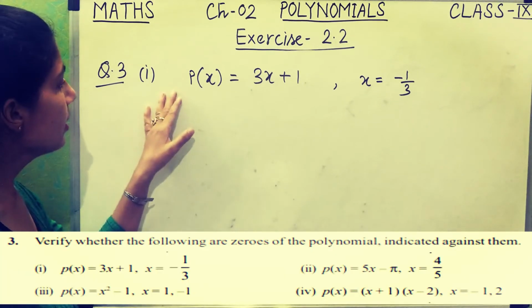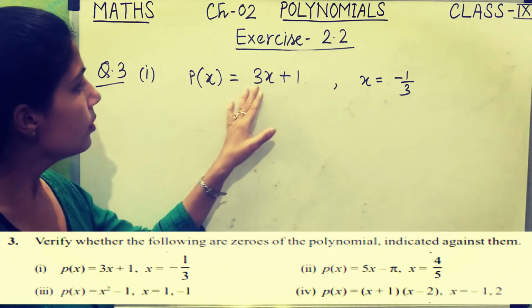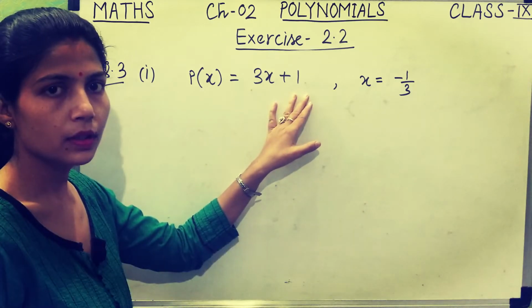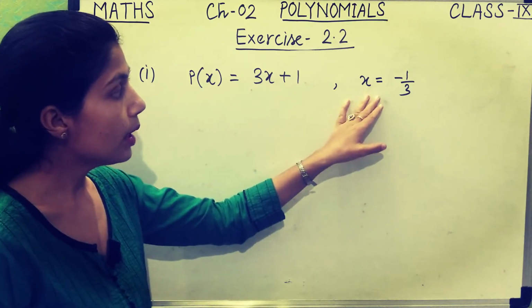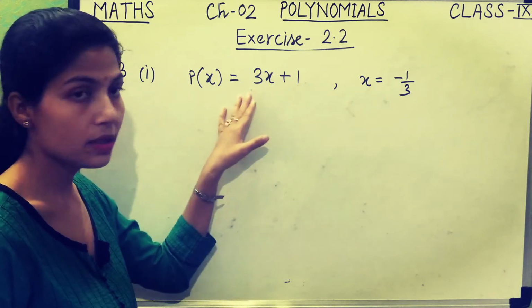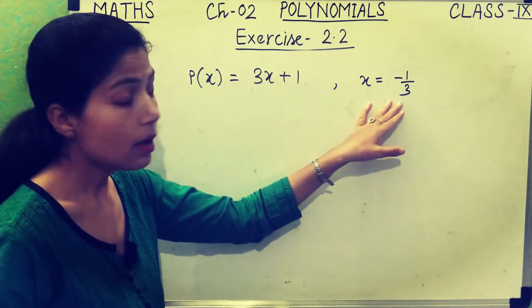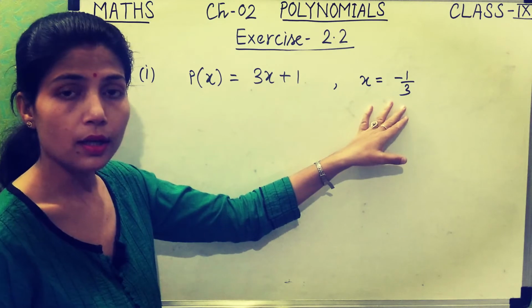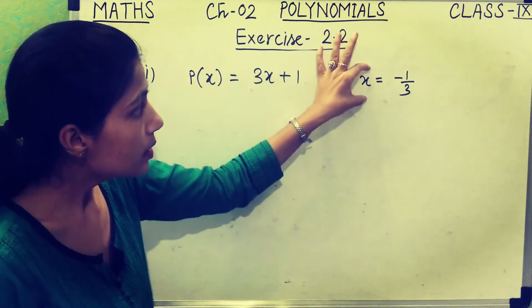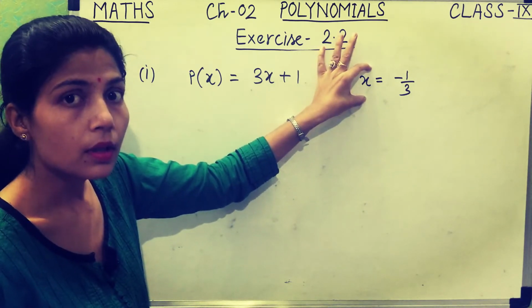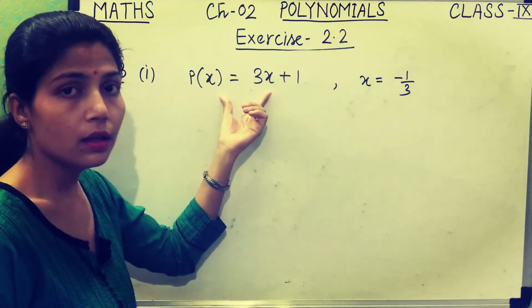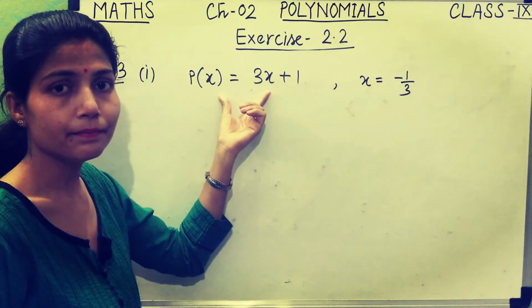So first part is p(x) equals 3x plus 1 and the value of the variable that is given for this polynomial is minus 1 upon 3. Now you have to check whether this value is a zero of this polynomial.